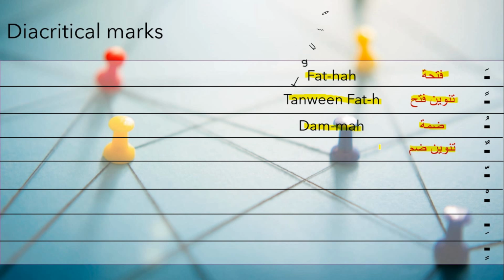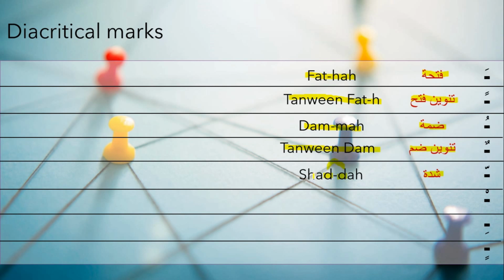Then dhamma, as you can see here. Of course, there is shadda, that's why we are using the hyphen again. Dhamma and tanween dhamm. That means 2 dhammas coming next to each other over the words. Then we have the shadda.